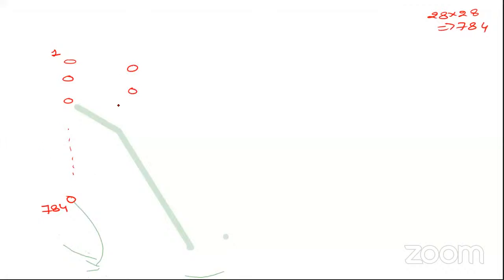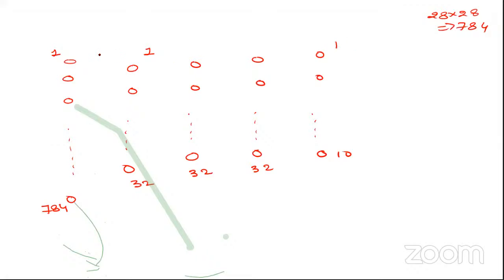In the next layer, 32 nodes are there, so 1 to 32. In the next layer, 32 nodes are there. And in the next layer, 32 nodes are there. And in the output layer, 10 nodes are there. Okay. And now this is a kind of connection.